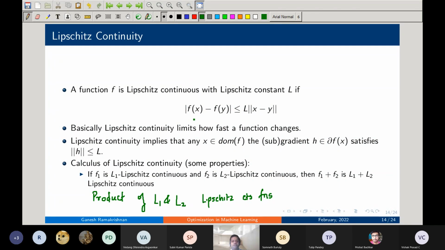So imagine taking f1 into f2, or f into g: f(x)g(x) minus f(y)g(y). I know both of these are Lipschitz continuous. So what's the relation? f(x)g(x) minus f(y)g(y) has a relation with f(x) minus f(y) and g(x) minus g(y).